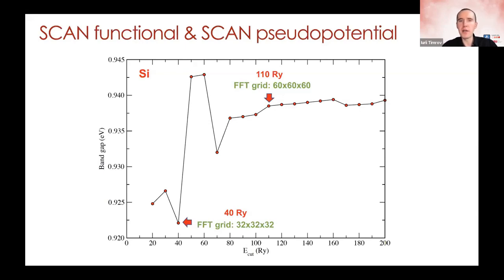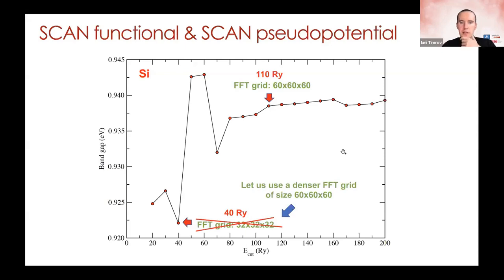On this grid, we evaluate the exchange-correlation potential in real space. Also, for the case of 40 Rydberg, the FFT grid is 32 by 32 by 32, almost twice as sparse as in the case of 110 Rydberg.